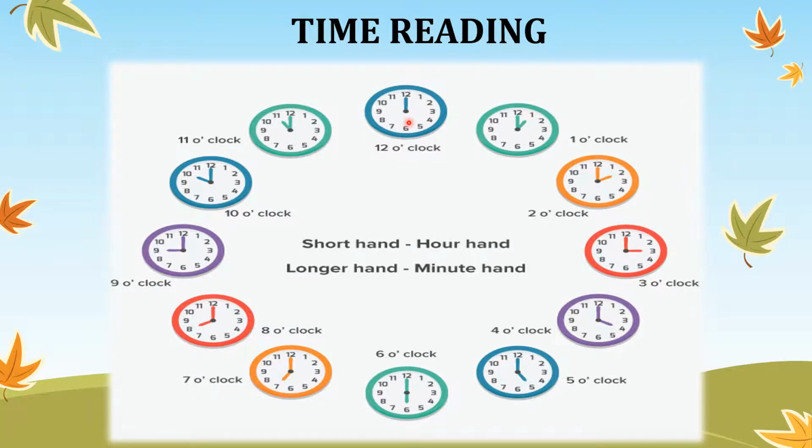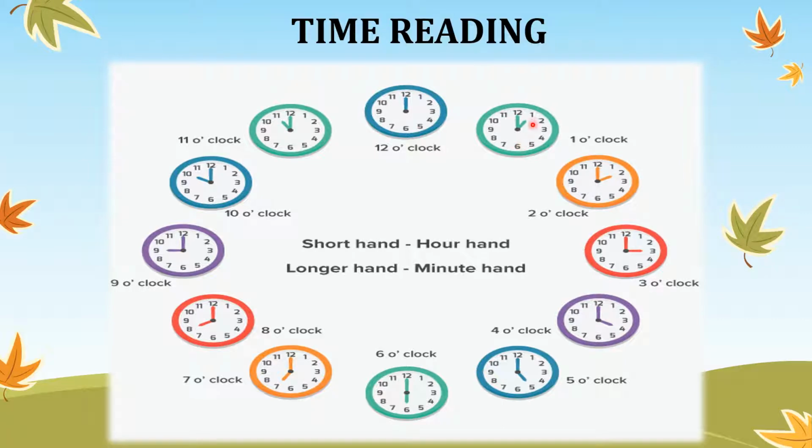Both hands, the hour hand and the minute hand, are at 12. आप hour hand नहीं देख पा रहे हो because वो minute hand के पीछे छुप गया है. The hour hand is behind the minute hand because it is shorter. So it is hidden, but it is here. So the time is 12 o'clock.